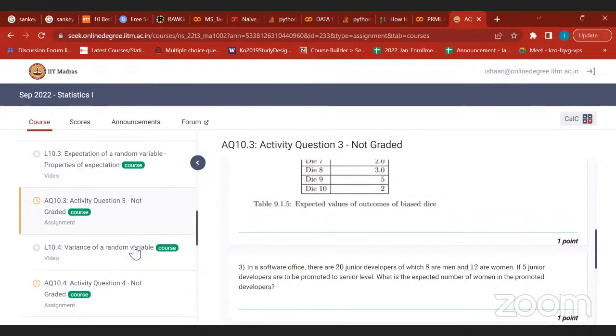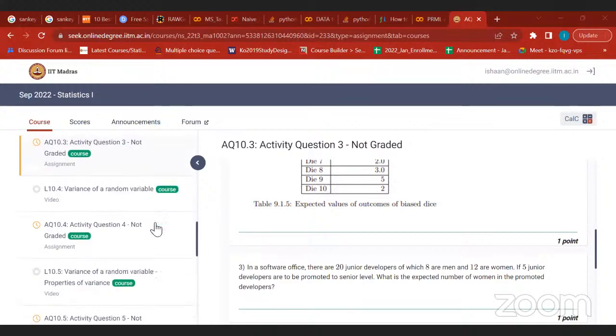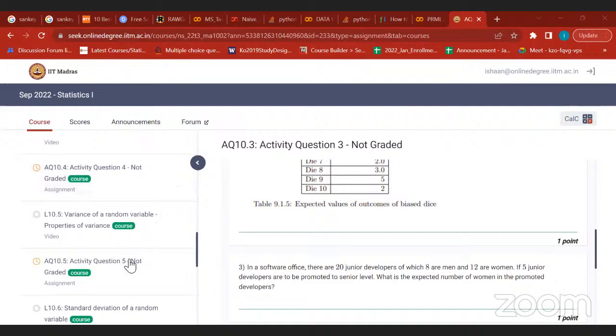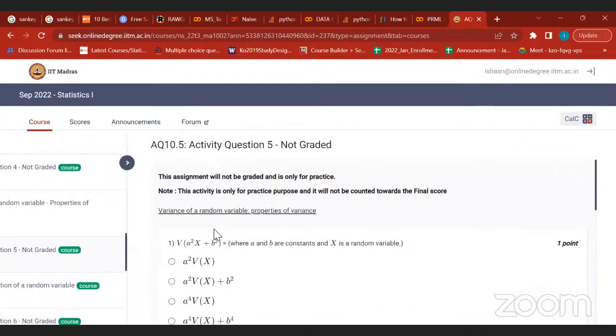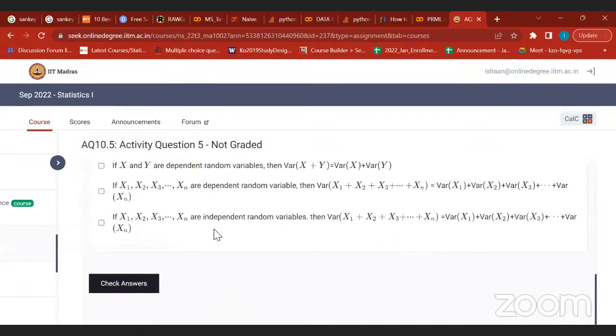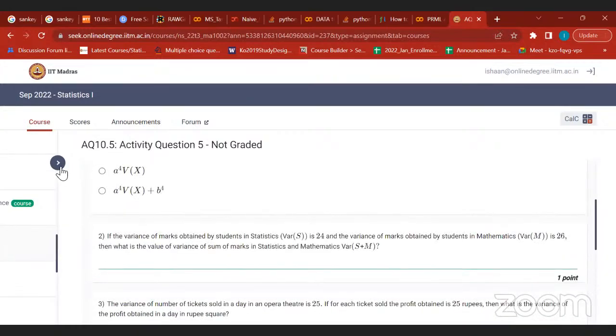Which part are you struggling with the most in week 10? The property of variance where the constant is multiplied. There are a few questions in the practice assignment where they are not squaring the constant while multiplying it.